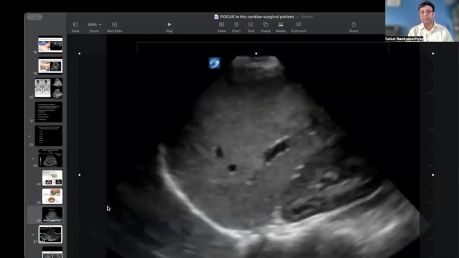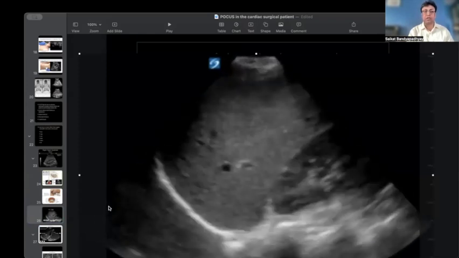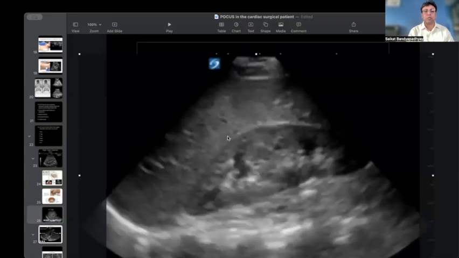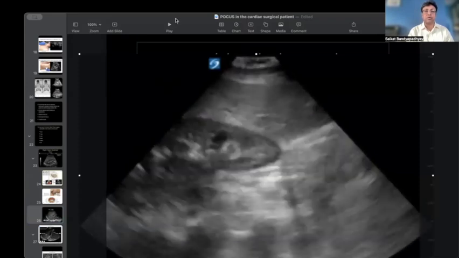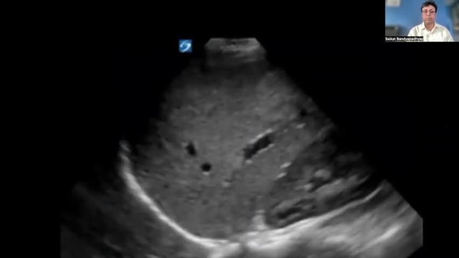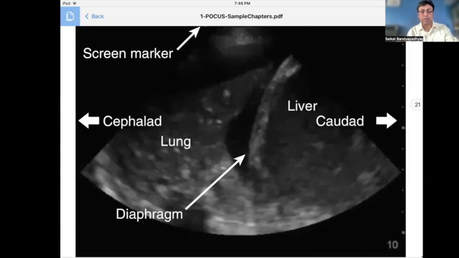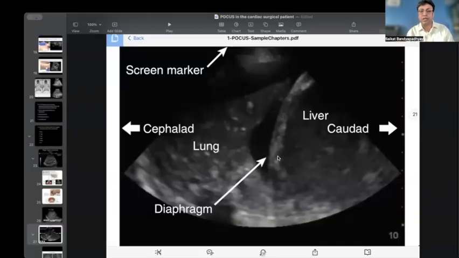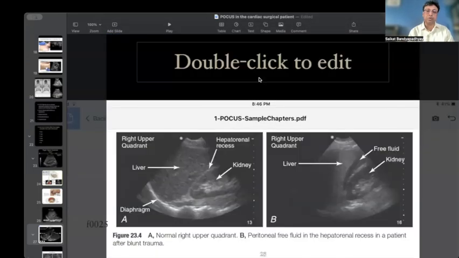If you can make something out, like in the next image I will show you, then probably things are not so okay. In this particular patient, this is the diaphragm, this is the liver, and the arrow indicates a hypoechoic zone, and there's a clear margin of the lung. You can see this is a collapsed lung, and surrounding it, this hypoechoic zone is some degree of pleural effusion.